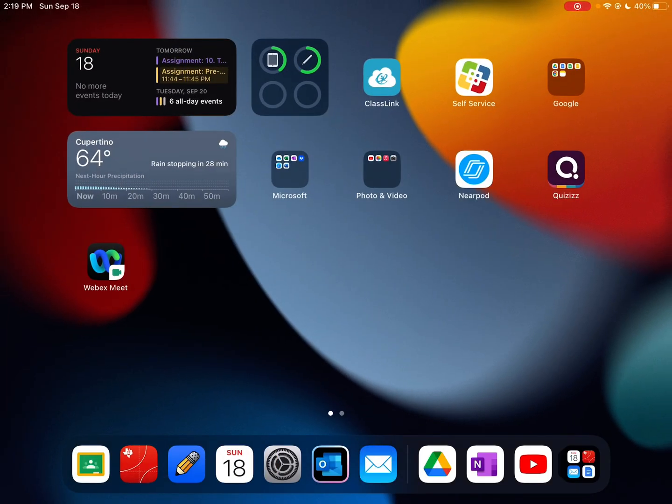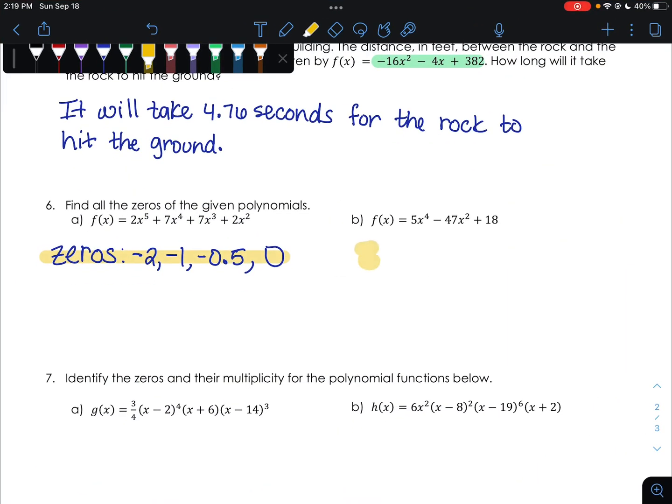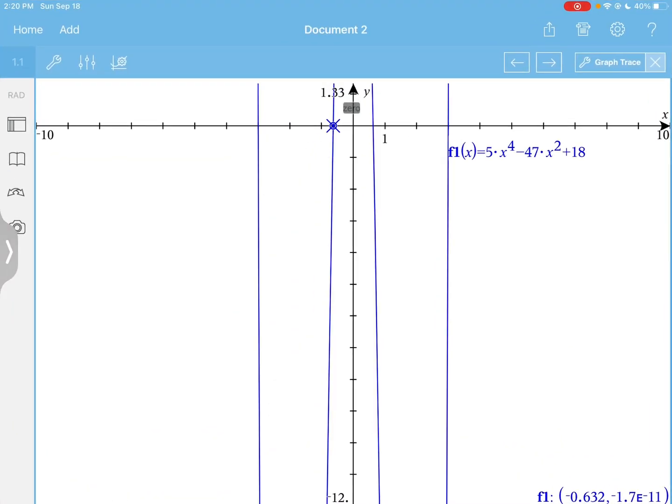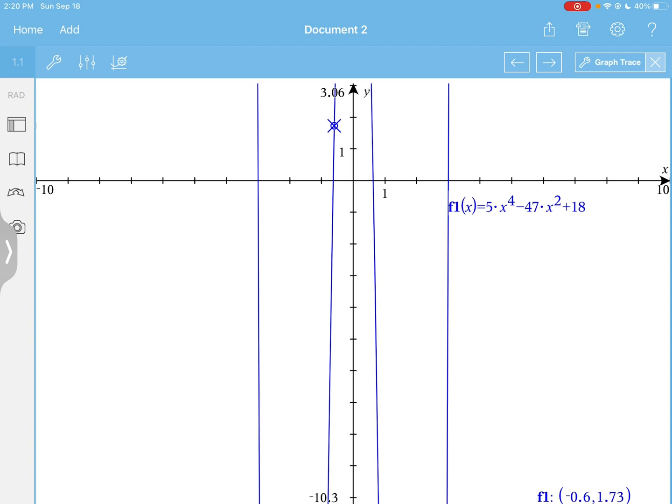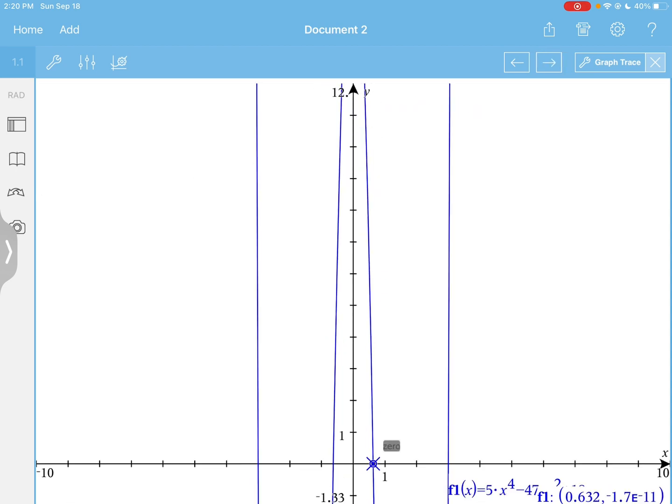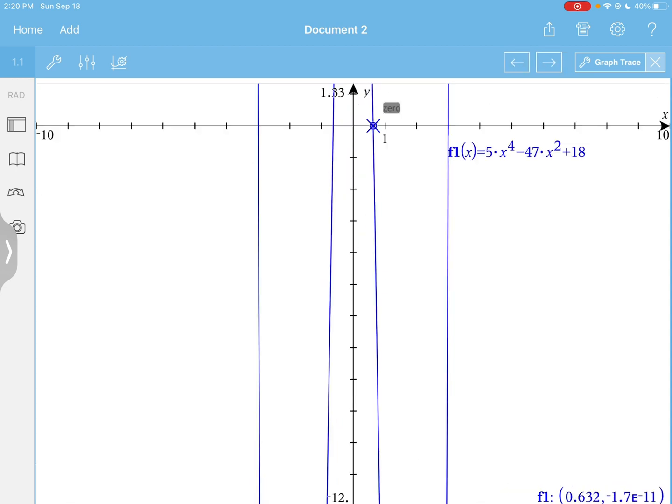Okay. So far we have our zeros as -3, -0.632. Okay, let's go ahead and find the last two. So we're going to continue using that right arrow. Did I pass it? There I did. Okay, so now I have a positive 0.632.